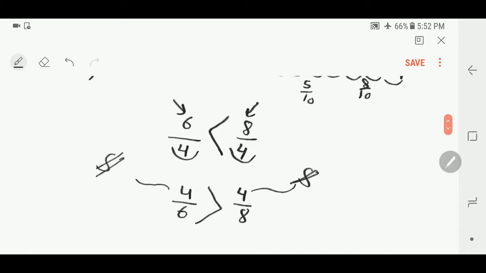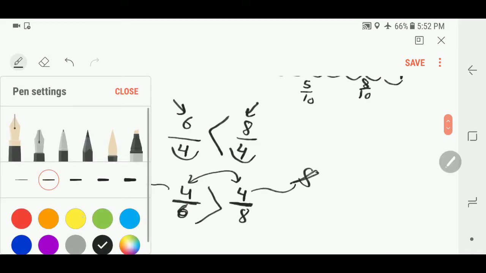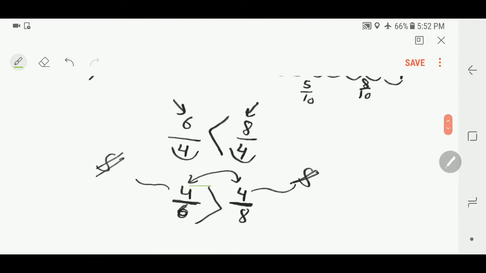So as a rule of thumb, when you have fractions with the same numerator, the fraction that has the smaller denominator is the greater fraction. So in this case, 4 over 6 is greater.